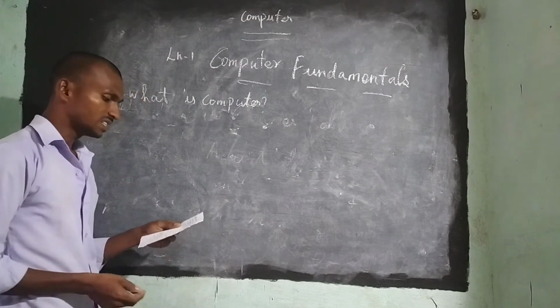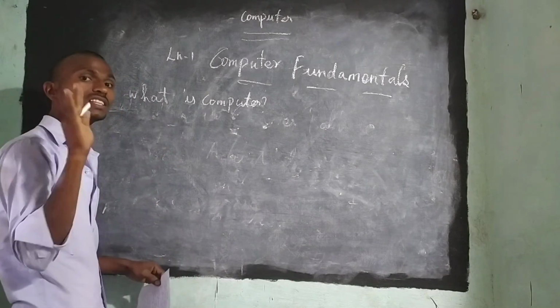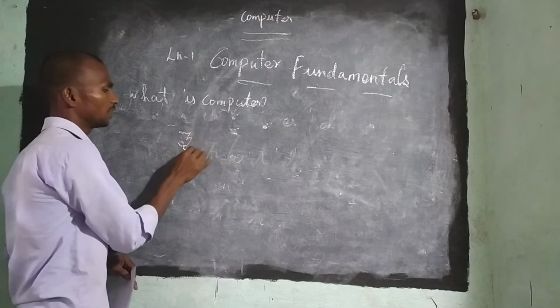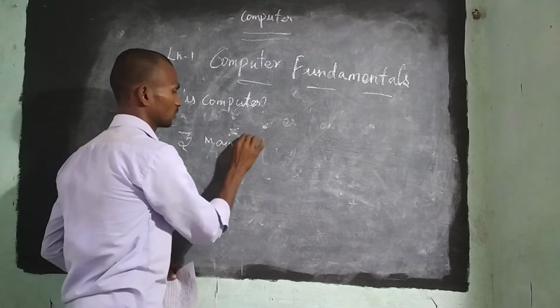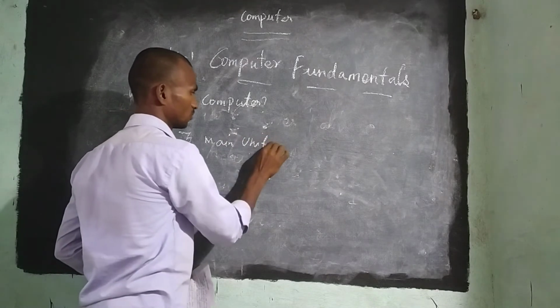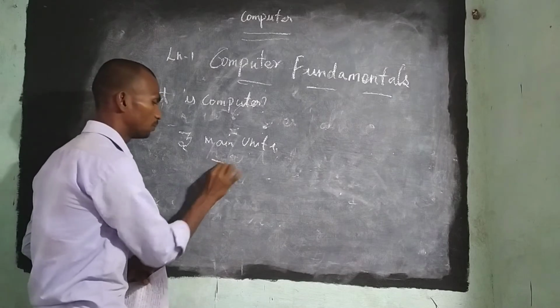Next, a computer consists of three main units. How many main units? Three main units. One is the input unit.